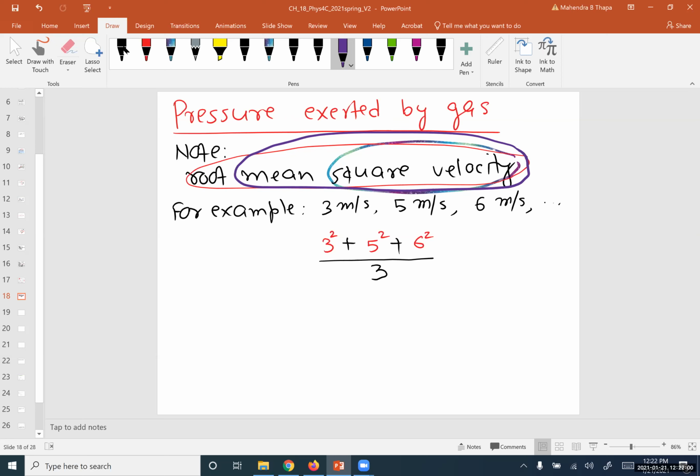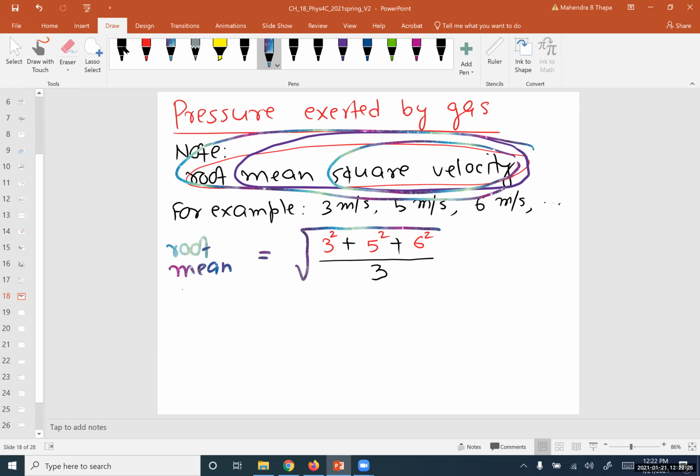See the difference. Okay, now my goal is to find the root. So finally I will take the square root. Then include everything, this whole term is called the root mean square velocity.